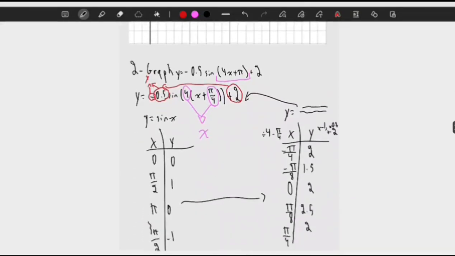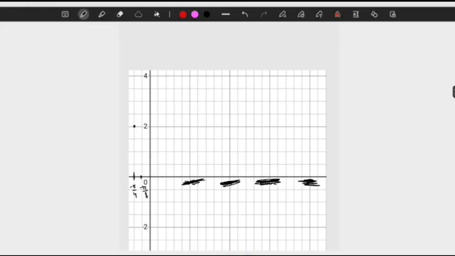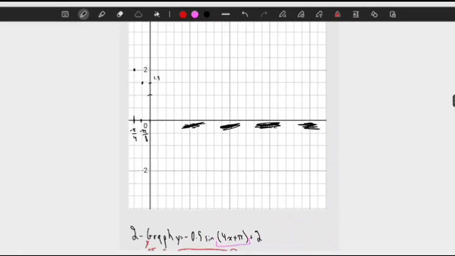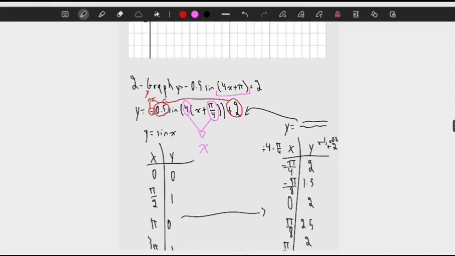At negative pi over 8, we have 1.5. So if this is 1, 1.5 would be here. And then at 0, we have 2. So 0, back up to 2.